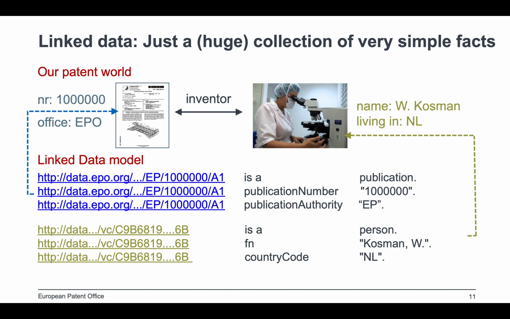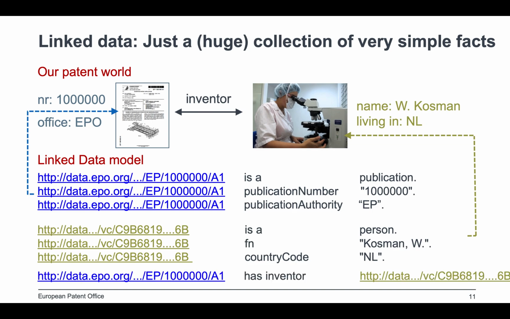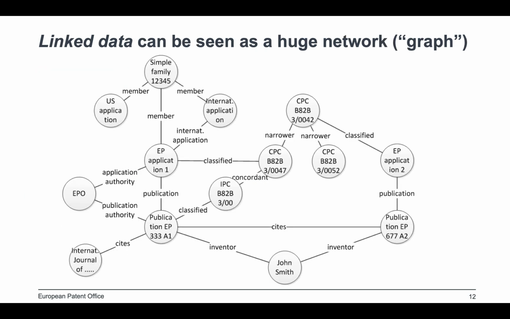Or we have citations. This publication cites an article in the International Journal of something. And not only can it refer to data within this object, it can also refer to data of remote objects. What I see here is a European publication which has a priority, that's a special legal meaning, to a Korean application.